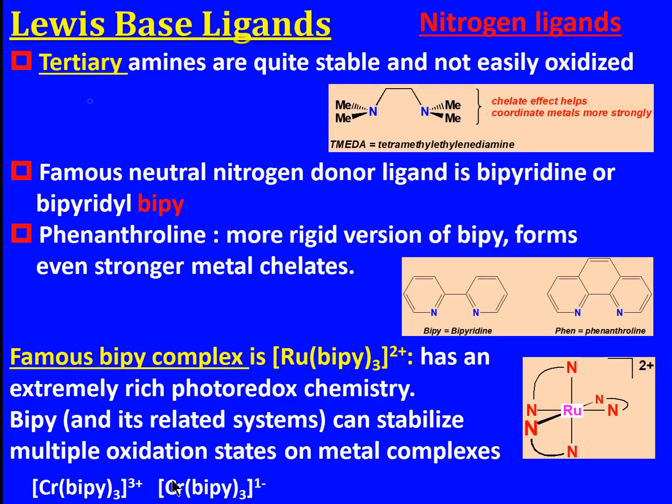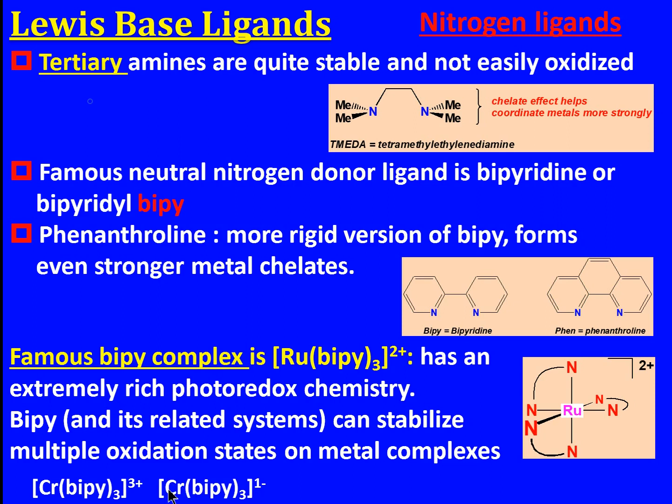Some transition metals can be made to have a negative oxidation state, like, for example, in inorganic chemistry, the most famous examples are Ta1- and Hf2-, hafnium. But these compounds are typically very reactive, air and water sensitive. In this complex, the chromium has oxidation state 1-.